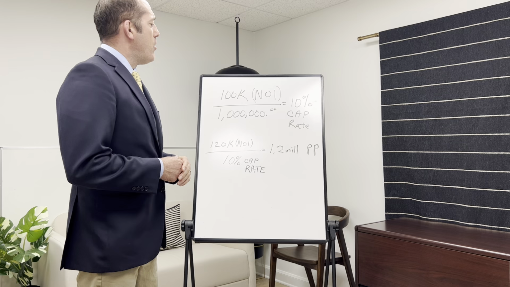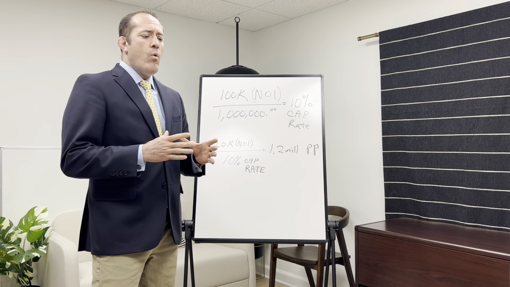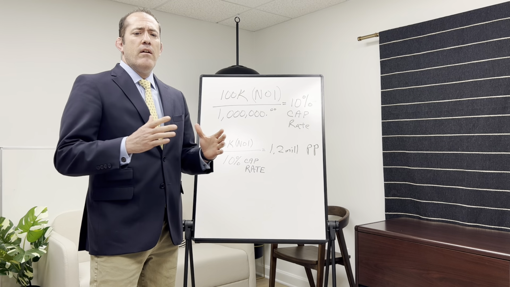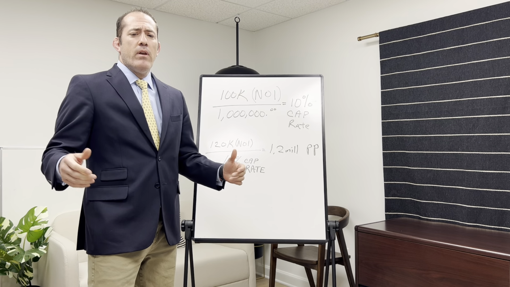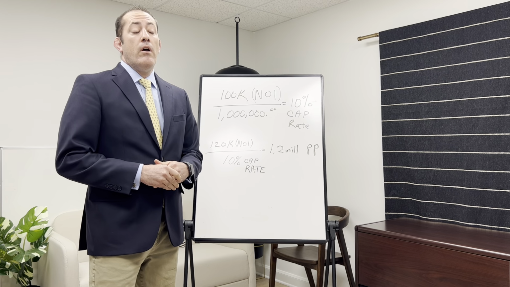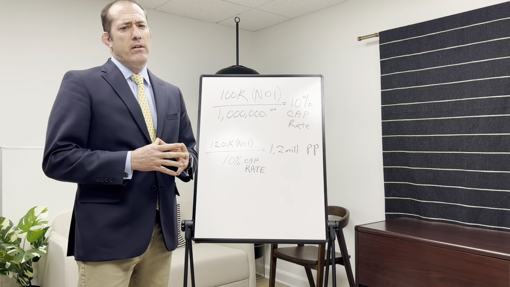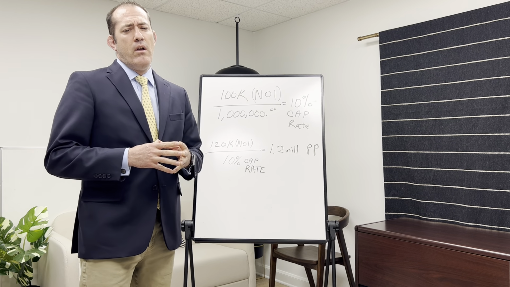All right, so the cap rate is basically at what rate am I going to get my capital back. So let's say you buy an office building for $1 million, regardless of whether you're financing a portion of it or not. All right, so cap rate does not take into consideration the loan.